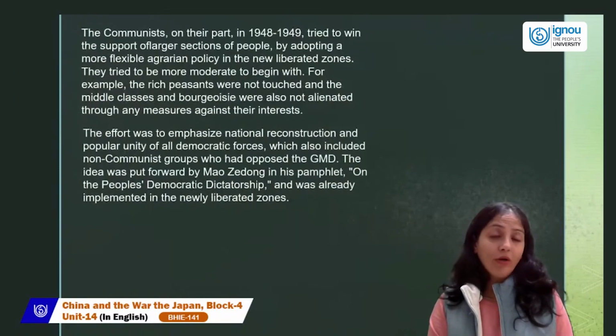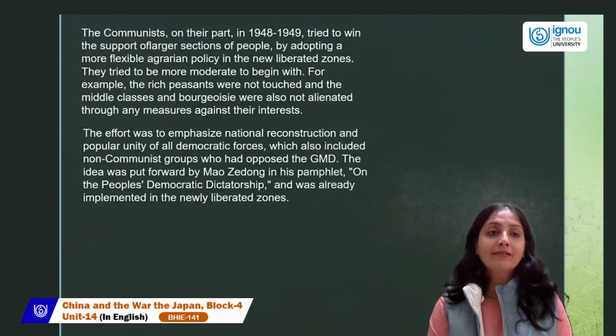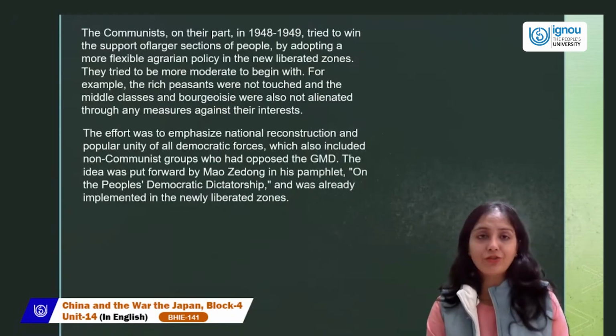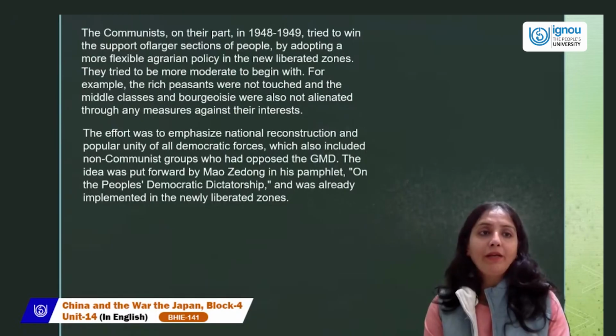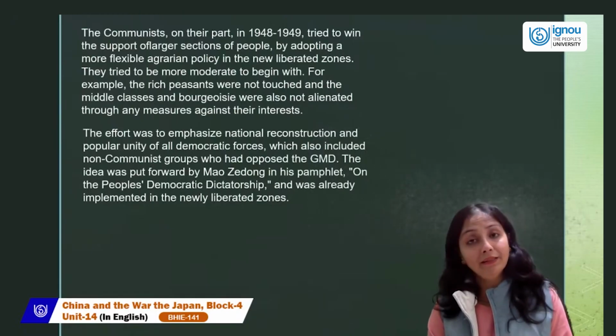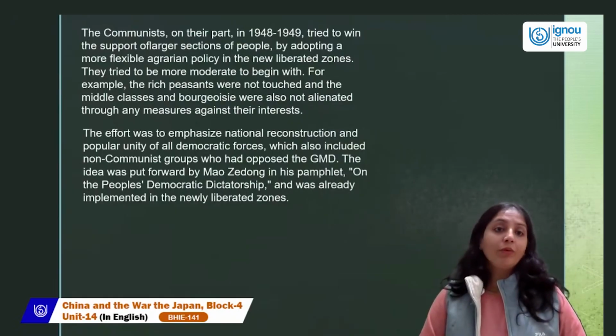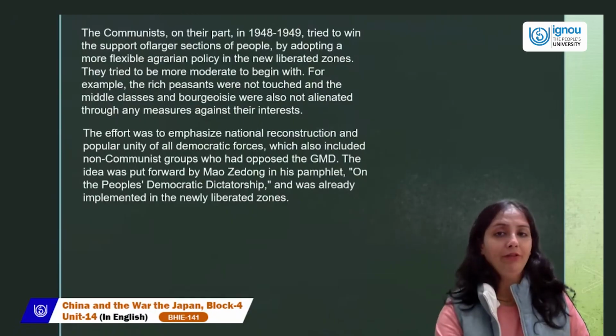The communists, on their part, in 1948-49, tried to win the support of larger sections of people by adopting more flexible agrarian policies in the newly liberated zones. And they tried to be more moderate to begin with.